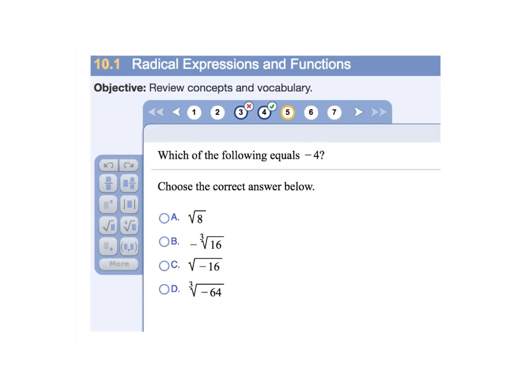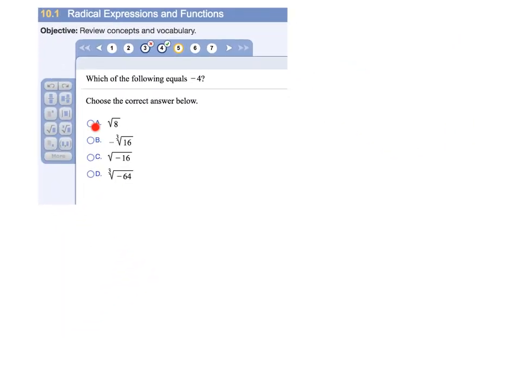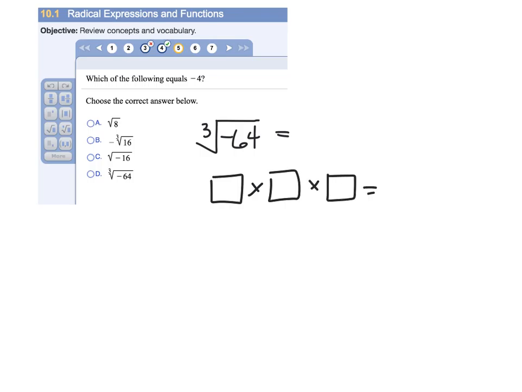So this is asking us which one of those 4 options is equal to negative 4. So basically, let's jump straight to option D. When it says the third root of negative 64, what they're saying is, what number times itself again and again is equal to negative 64?